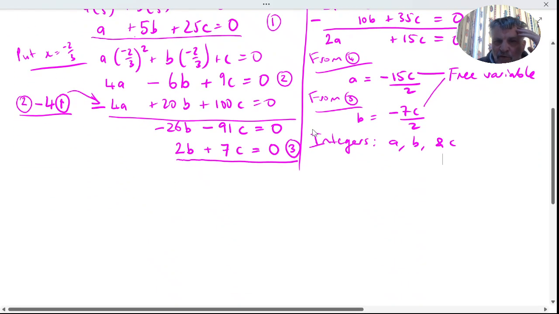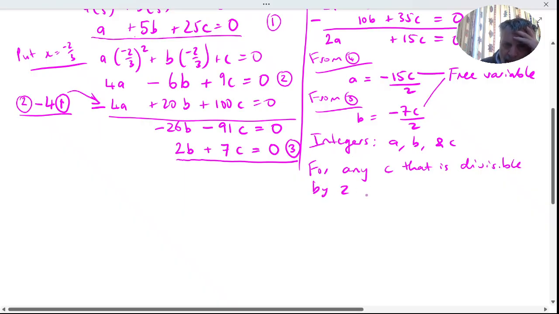So we want integers, so for any c that is divisible by 2, we will get integer solutions. Reverting to my very, very poor handwriting.